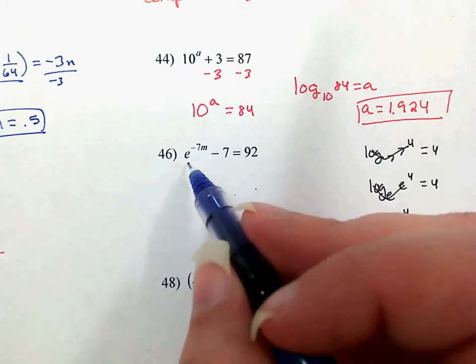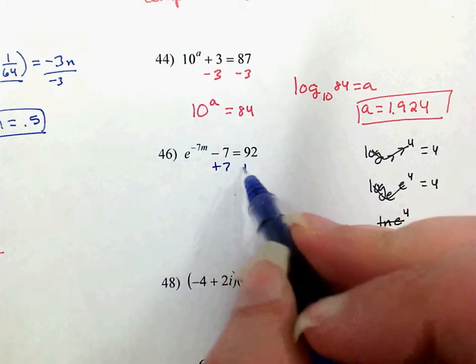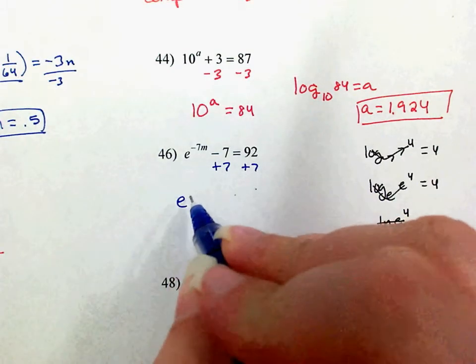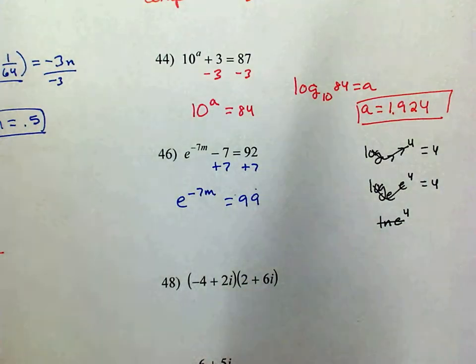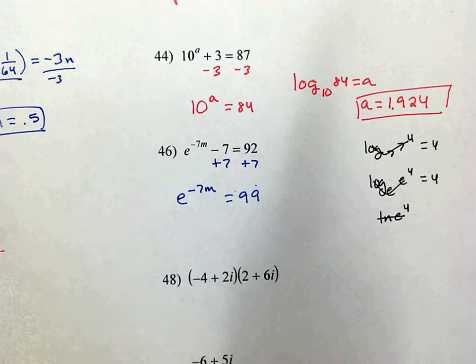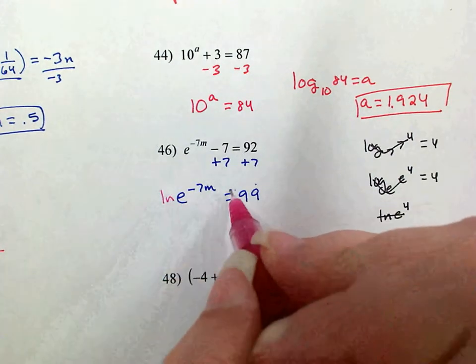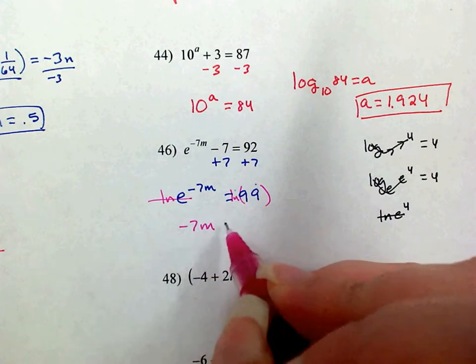So first I need to add the 7 to get it on the other side. e to the negative 7m equals 99. And what you can do is just take the natural log of both sides. So natural log of 99, those cancel out. Negative 7m equals the natural log of 99. And then just divide by negative 7.